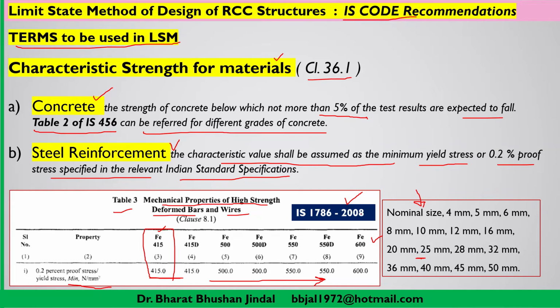These nominal diameter bars are available in the market, or they are manufactured as per the codal guidelines. Whenever you are going to design, you can take into consideration any diameter of bars from these values as per your requirement and application, which you will understand more effectively later on.